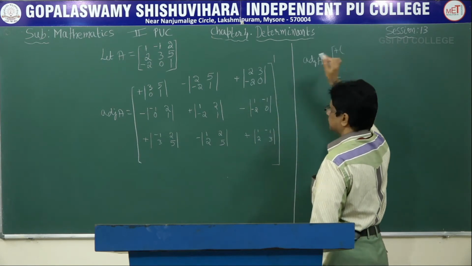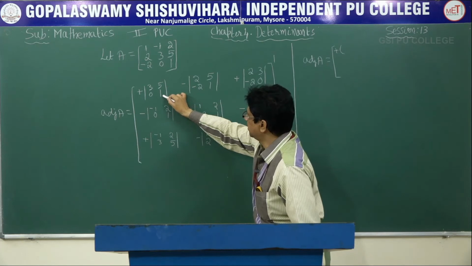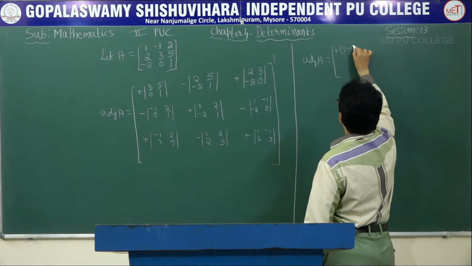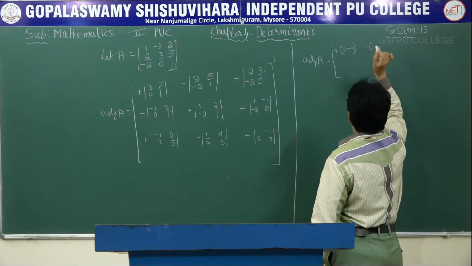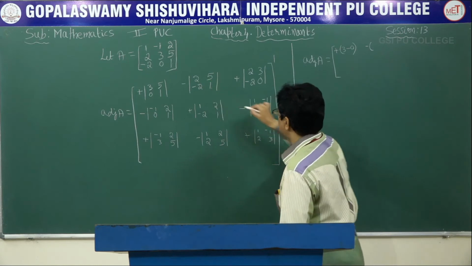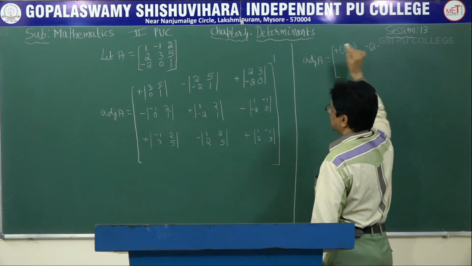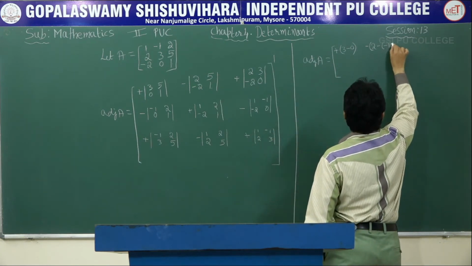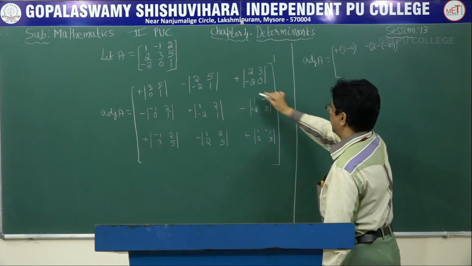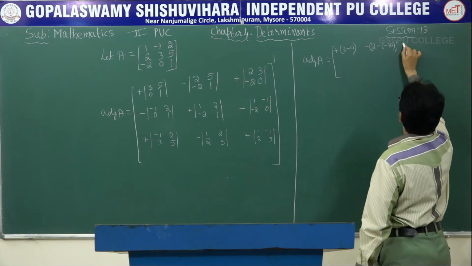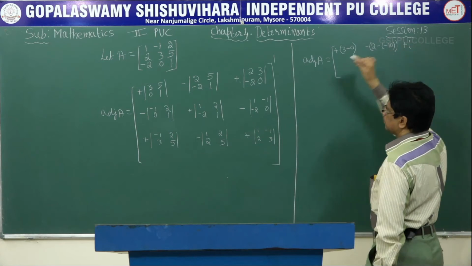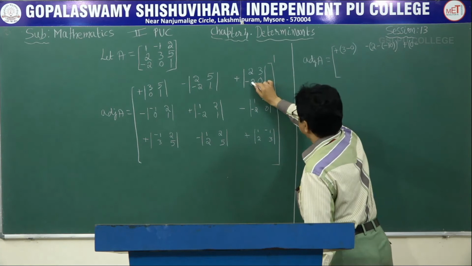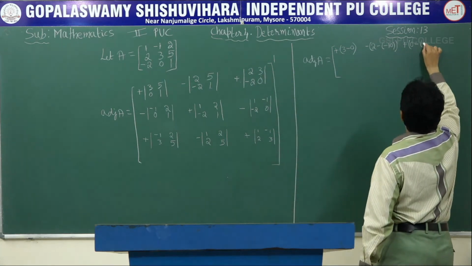So adjoint A is equal to plus 3 ones are 3, minus 5 into 0 is 0, that is 3 minus 0, minus of 2 ones are 2, minus 2 into 5 is minus 10. Next, plus 2 into 0, 0, minus 2 into 3, minus 6.